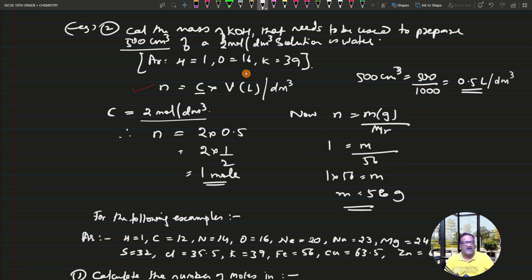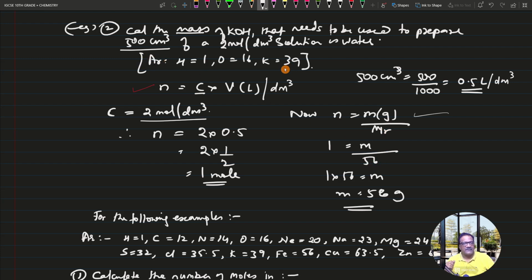Fine. Now let us try to find out the mass of this KOH. Mass, we can use this formula: N is equal to mass in gram upon the AR, or rather MR, because it is KOH, it's a compound. Okay, so we'll take MR. So since the number of moles is 1, for N I'll take 1 equal to M upon MR, and MR for KOH is nothing but 56.